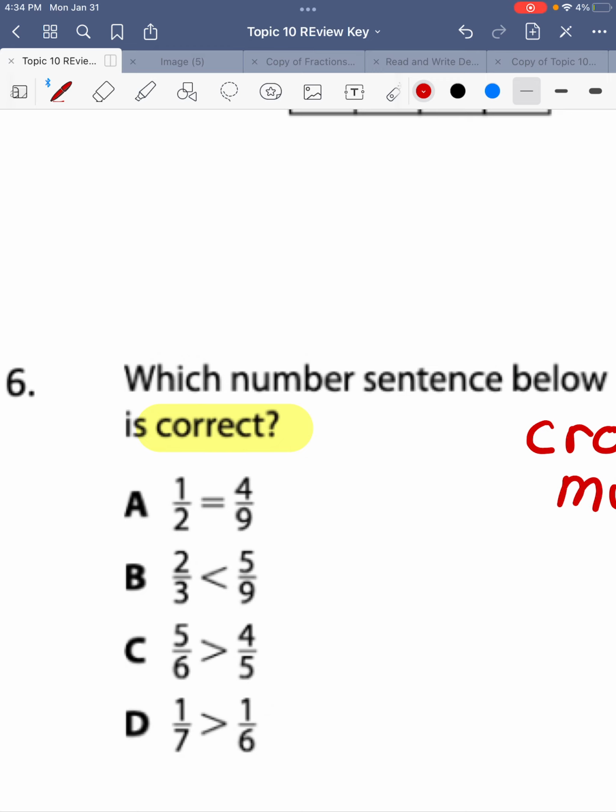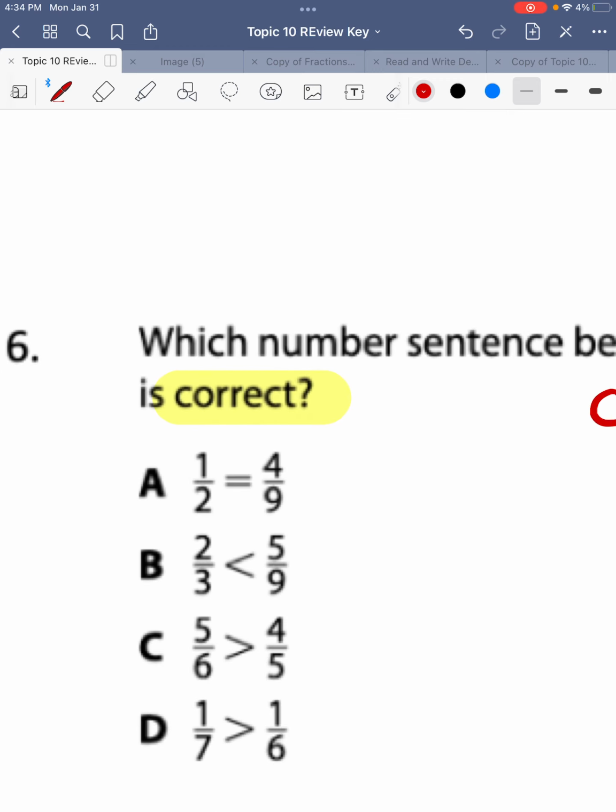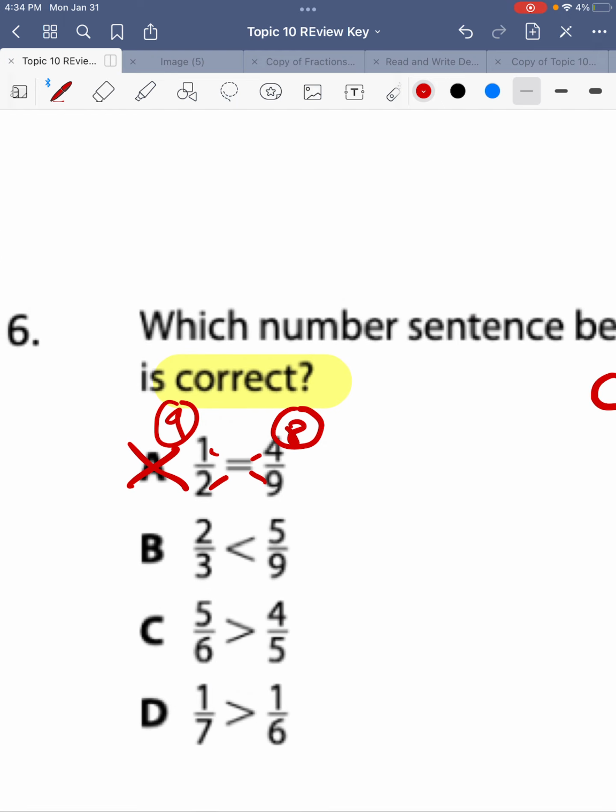So A is telling me that 1/2 is equal to 4/9. Let's see if that's true. 2 times 4 is 8. 9 times 1 is 9. They have different numbers. They are not equal. A is not my answer. B is telling me that 5/9 is bigger than 2/3.